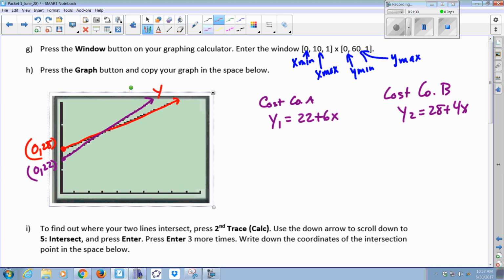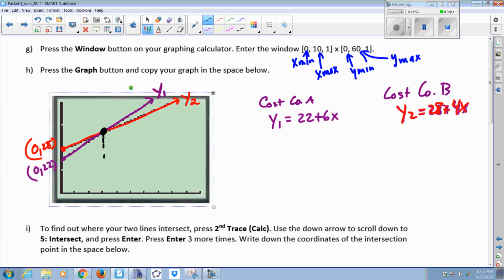So this is y1. And y2, which is red, I'll write this in red. So here we go. y2 has the initial higher cost, and so that would be this straight line. Okay, so remember, we wanted to find, even though this is not a mystery anymore, where these intersect.